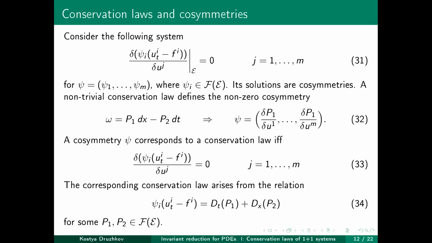Maybe it's a bit inconvenient that we mix GDEs and the equation manifold here, because on the left-hand side of formula 34, we definitely have something on GDEs. It means that on the right-hand side, we also have something on GDEs, but it's written here that the functions are functions on epsilon. But we remember that our algebra of functions on epsilon is a subalgebra of the algebra of functions on GDEs.